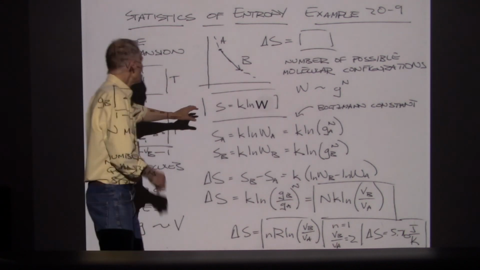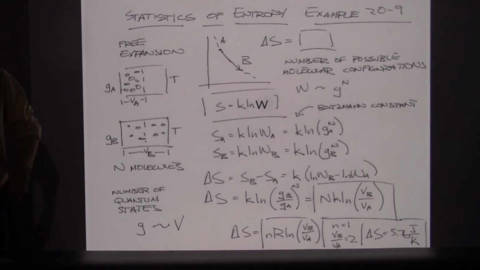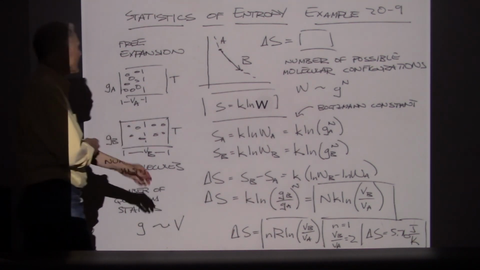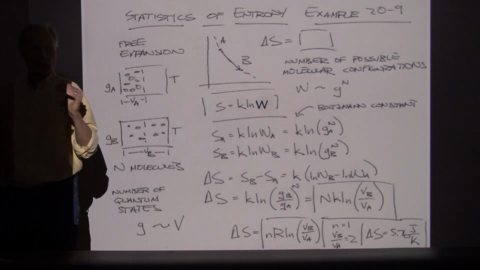Now this formula that Boltzmann came up with, Boltzmann worked at the University of Vienna in Austria, and if you go to the grave site in Vienna, on the tombstone for Boltzmann, there it is.